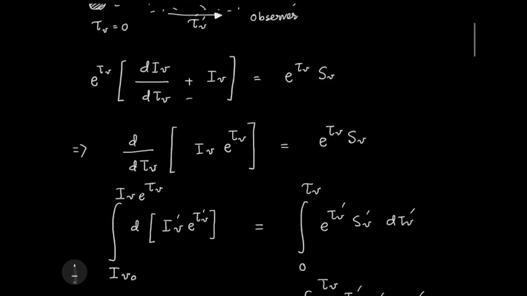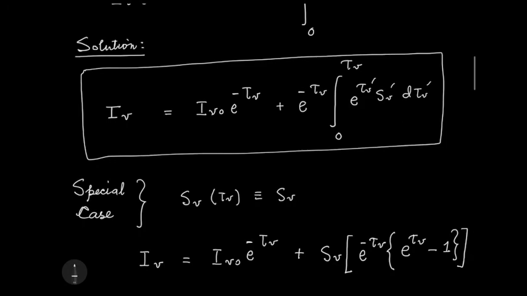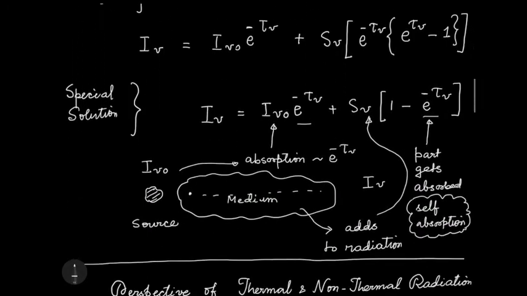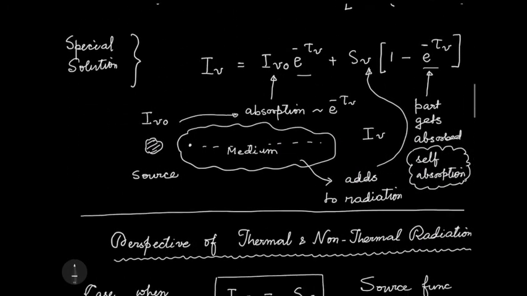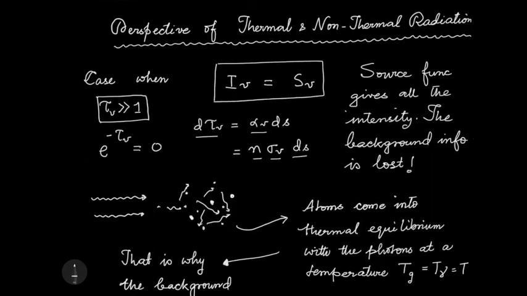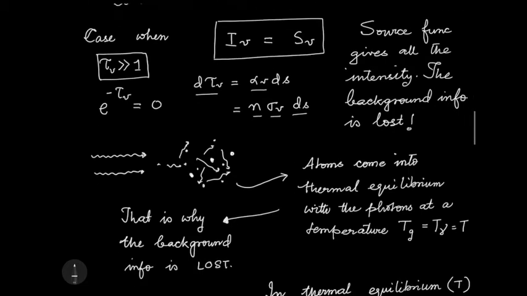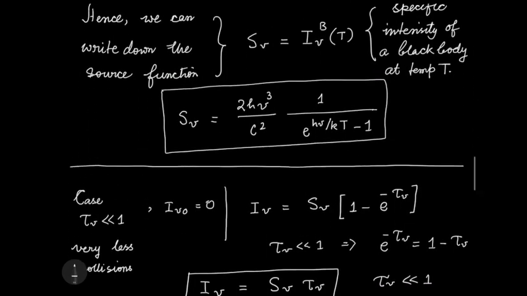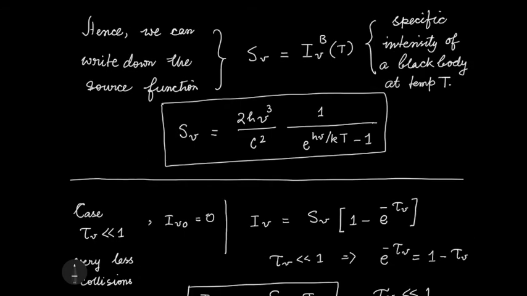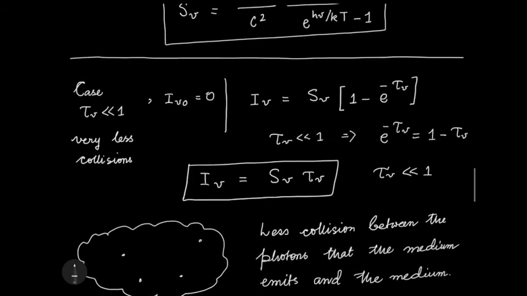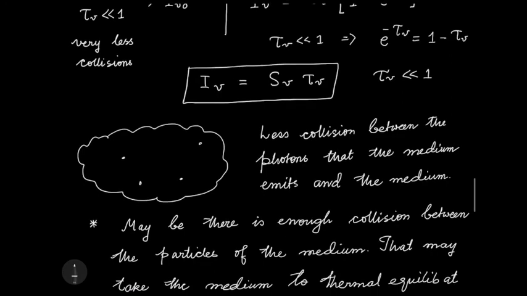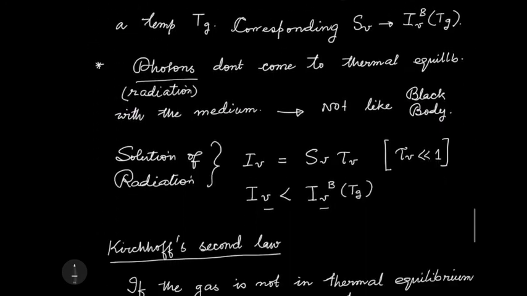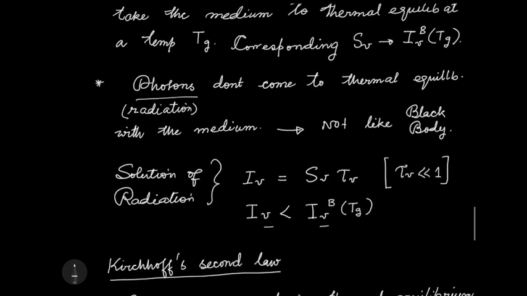Okay, so we have looked at two cases. So let's see what we have looked at from the beginning. We have first worked out a formal solution of the radiative transfer equation, and then we considered a special case for understanding purposes. Then we considered cases of that special case to understand thermal and non-thermal radiation. It turns out where tau is much greater than 1, what we get is thermal radiation. So S nu is essentially the specific intensity of a black body kept at the temperature of the gas.